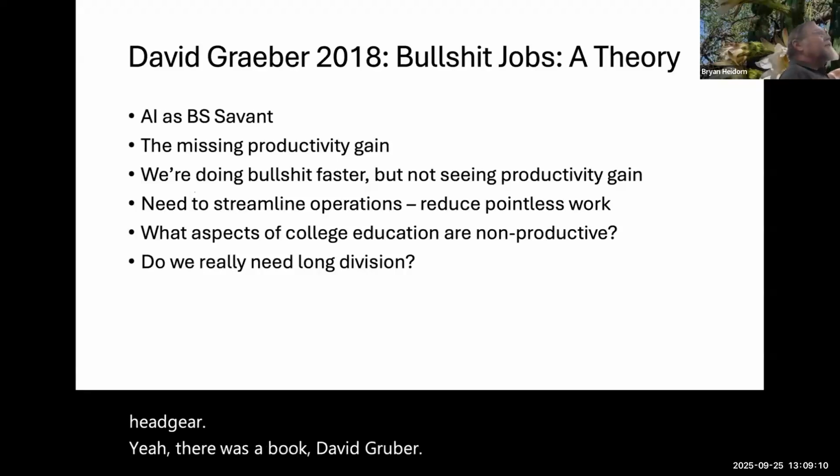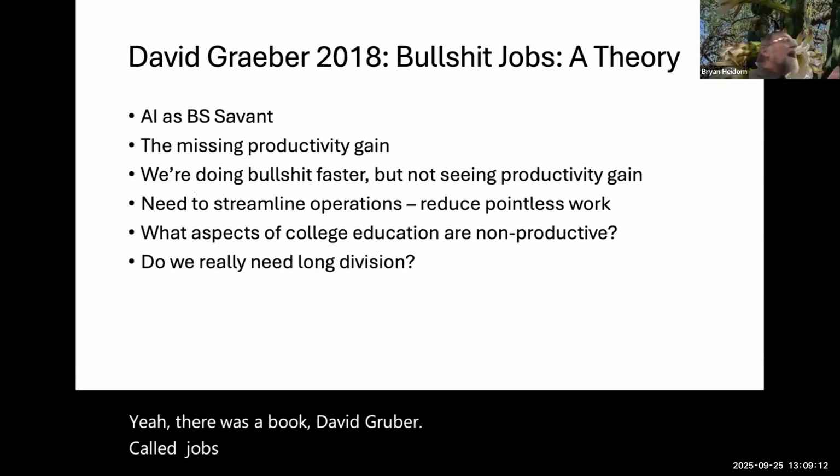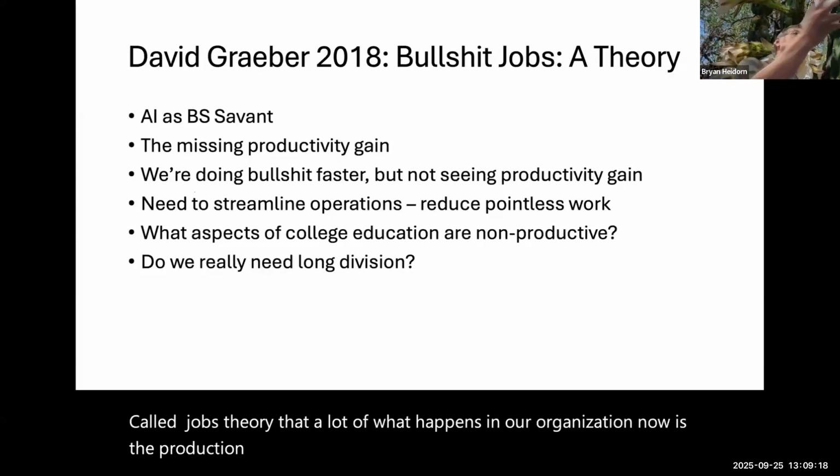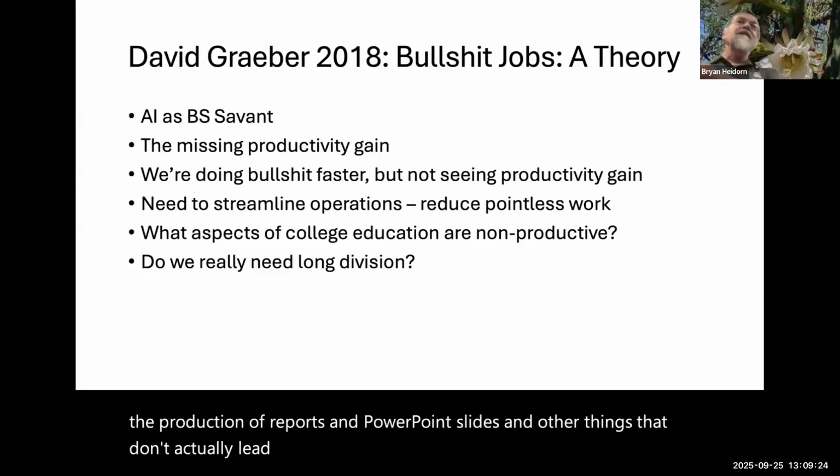called Bullshit Jobs. The theory is that a lot of what happens in our organizations now is the production of reports and PowerPoint slides and other things that don't actually lead to higher productivity for the corporation.